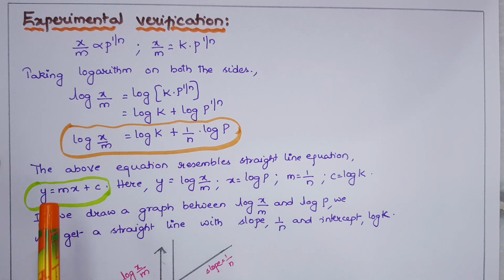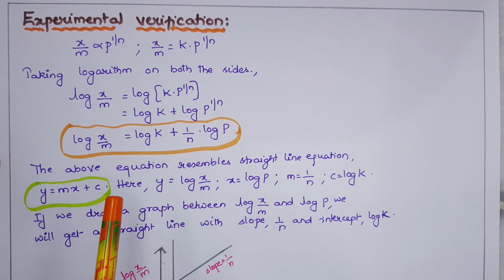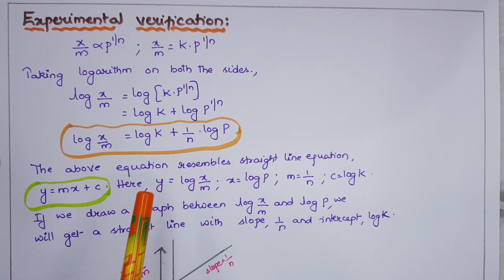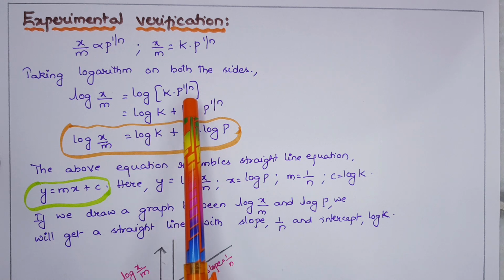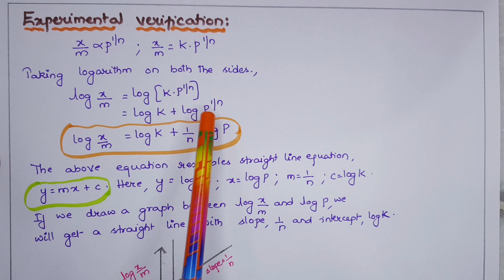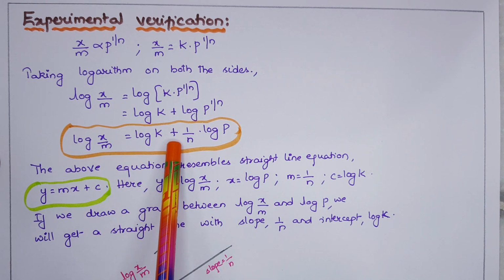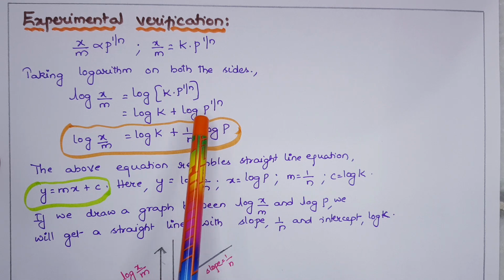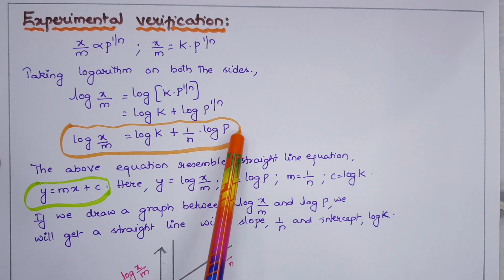Taking logarithm on both sides, log x by m equals log of k into p to the power 1 by n. Opening the brackets, log x by m equals log k plus log p to the power 1 by n, and whatever is in the power comes forward, so log x by m equals log k plus 1 by n into log p.